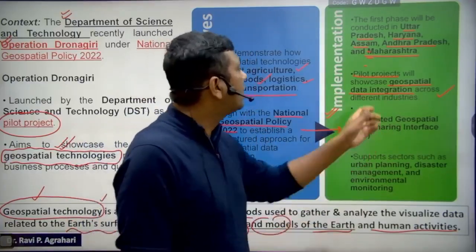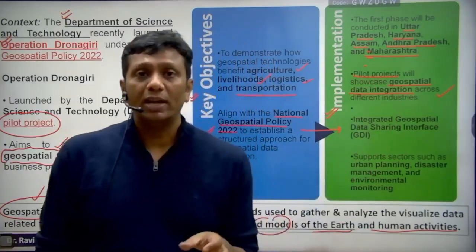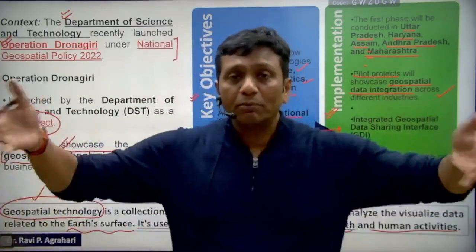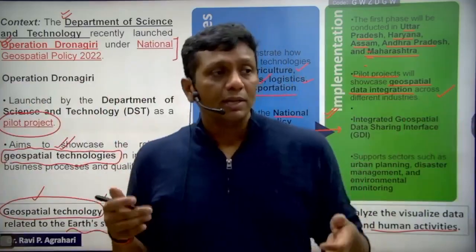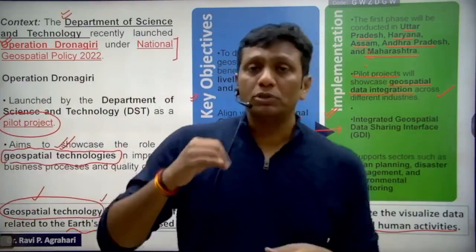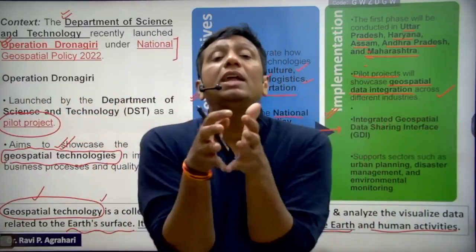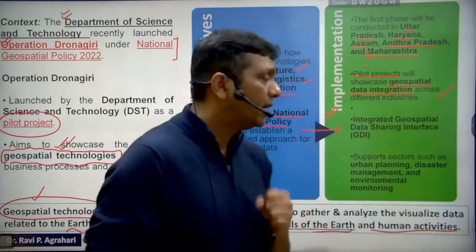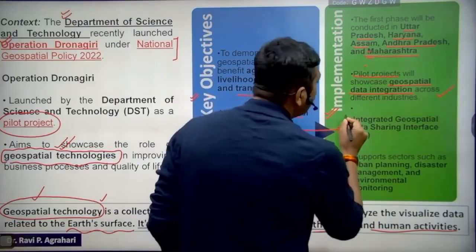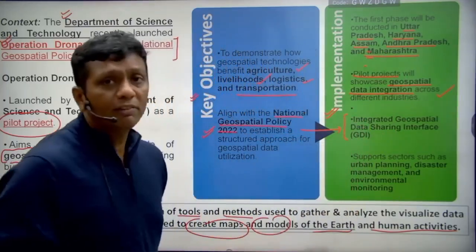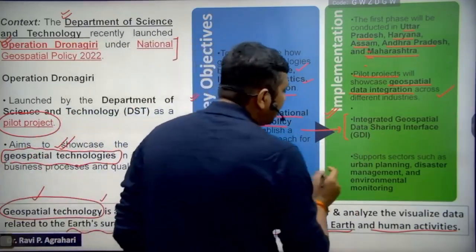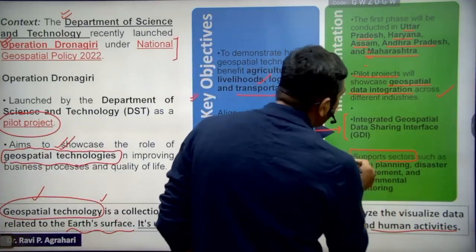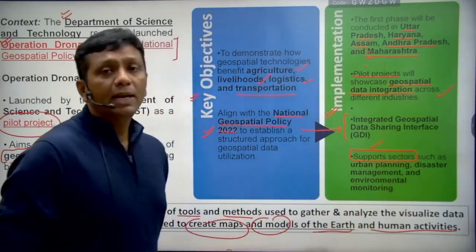You may ask, sir, what is the meaning of data integration? Actually, guys, we are going to take geospatial data from various resources, from geographical information centers, remote sensing satellites, everything is going to be integrated and try to provide the benefit to run industries in a better manner. So an integrated geospatial data sharing interface will also be a part. And side by side, guys, because of all these activities, it supports various sectors.